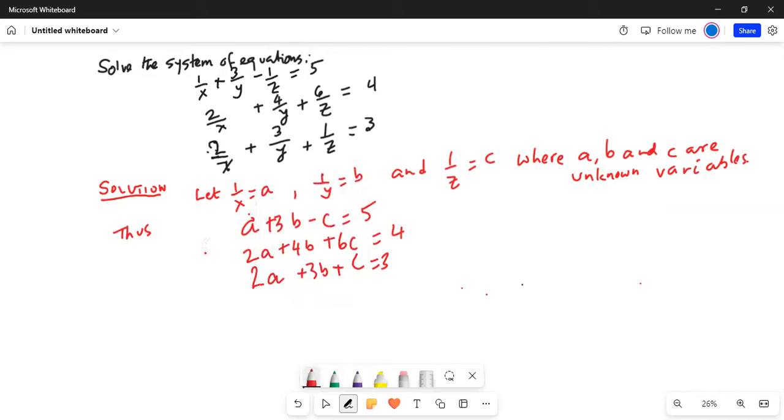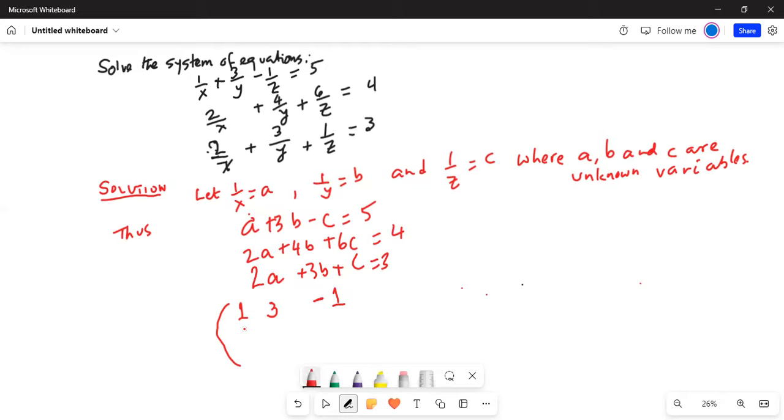So we have the unknown variables a, b, and c. Now in the matrix form, this can be written as: 1 is the coefficient of a in the first equation, 3 is the coefficient of b in the first equation, and minus 1 is the coefficient of c in the first equation.